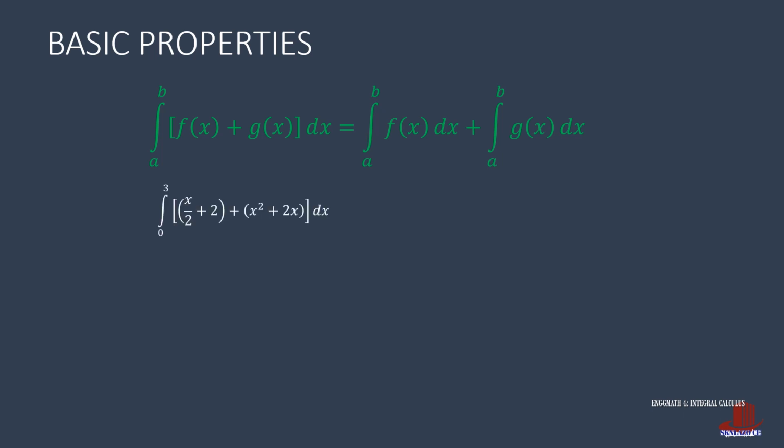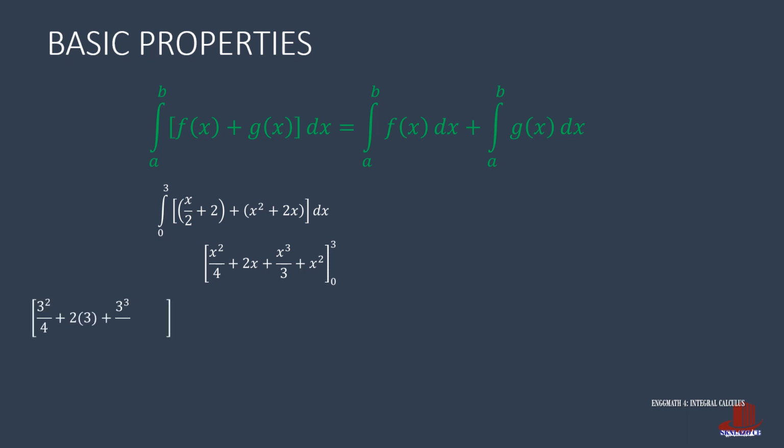Take the integral of two terms. One is x over 2 plus 2, then the other is x squared plus 2x, with the same limits from 3 to 0. Take the antiderivatives and have x squared over 4 plus 2x plus x cubed over 3 plus x squared from 3 to 0.